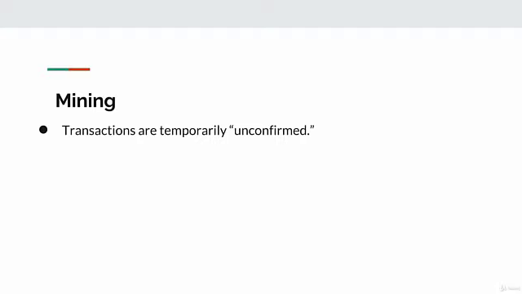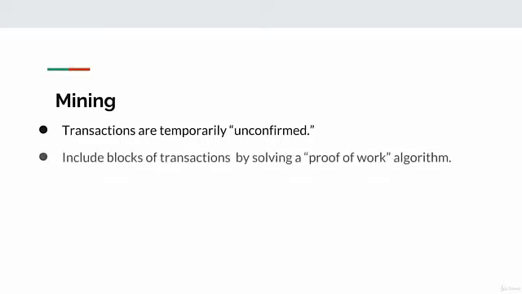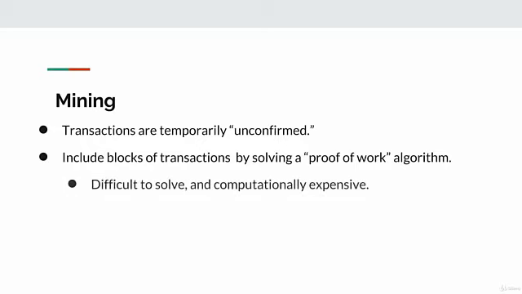When transactions have been sent to the network, but not included in the blockchain yet, we call those transactions unconfirmed. Miners then take a group of these unconfirmed transactions and include them within a block in the chain. The actual act of mining is done through solving a computational puzzle called the proof of work algorithm. This proof of work algorithm is difficult to solve.